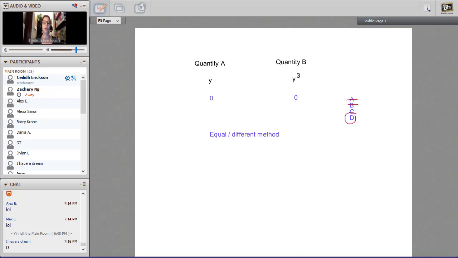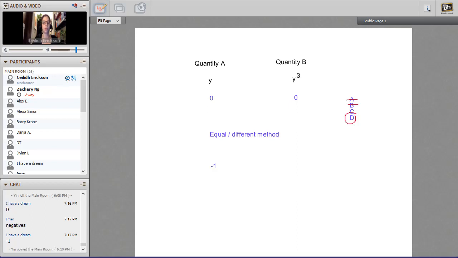What would be another good one to test in this case that wouldn't give us the expected result? Because our expected result, of course, is that B is greater. When we take something and cube it, it gets bigger. So what else gives us a non-expected result? Aha, negatives. If we take a negative integer, ooh, -1 is interesting.